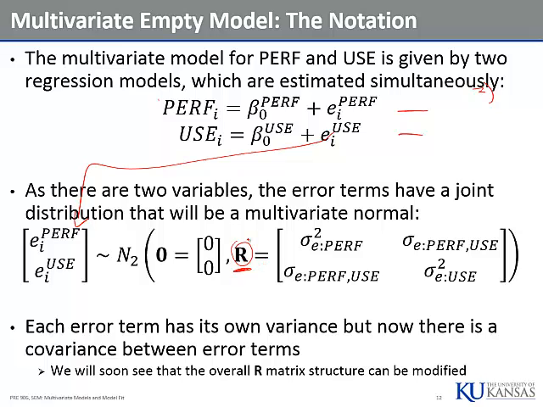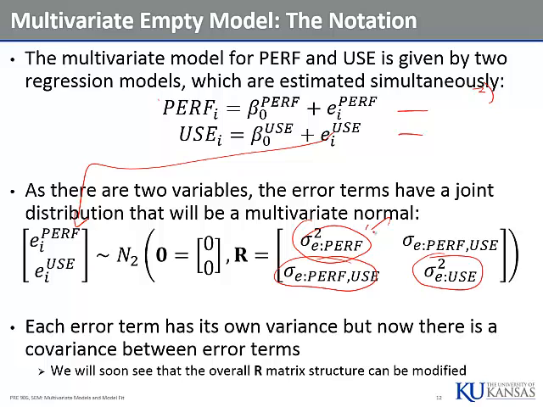Sometimes we call this R. In the mixed model world, or HLM world, you would call this the R matrix, for residual. It's on your residual variation. In the top left is the residual variance for performance. The lower right diagonal is the residual variance for usefulness. And the off diagonal is the residual covariance.